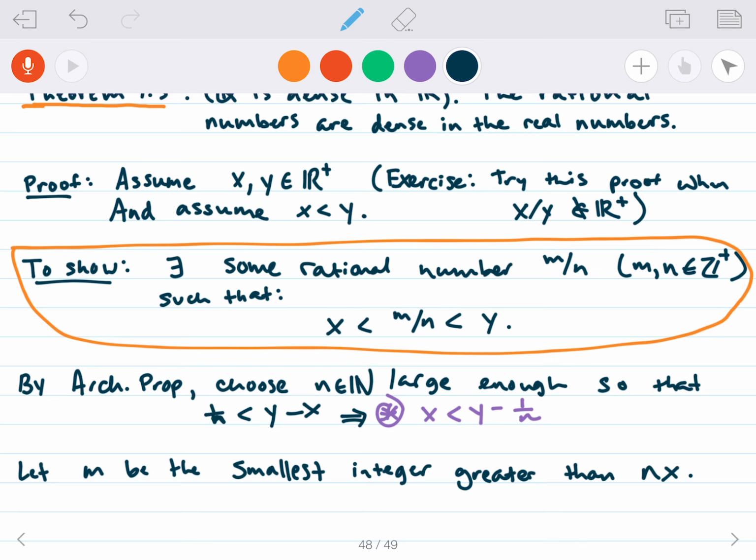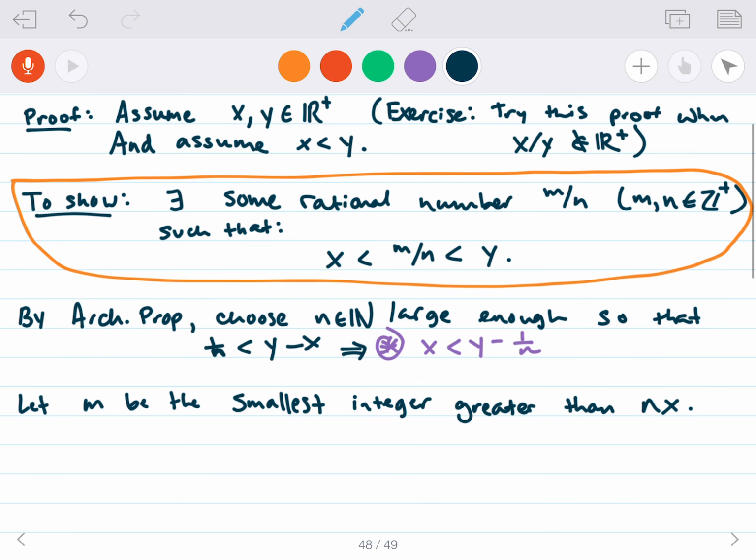And I didn't list this as a corollary or anything, but this is kind of a corollary of the Archimedean property that we can always find an integer with this property. Okay, so because of this, we have the following.